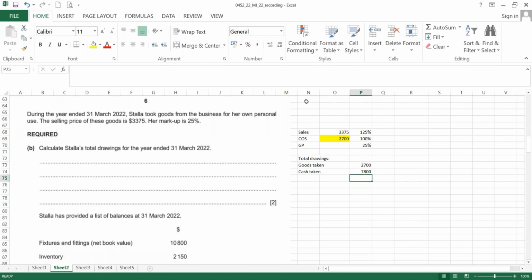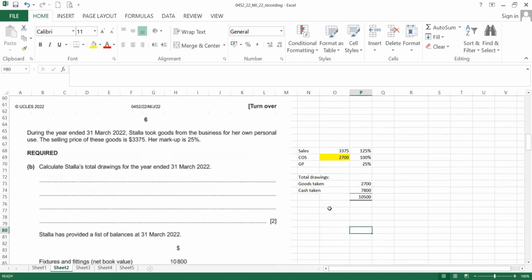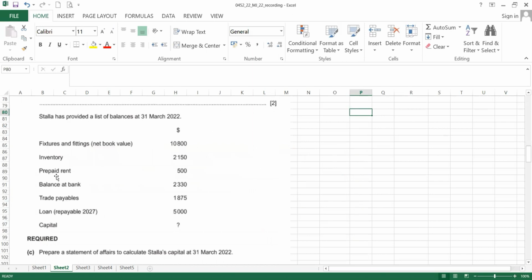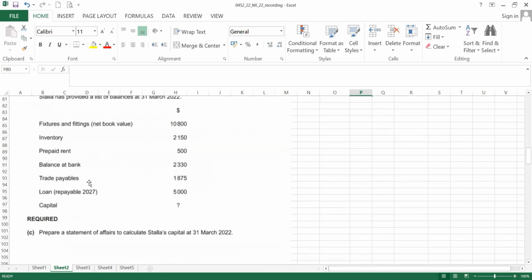These two amounts we add together, then we get the total drawing of 10,000.